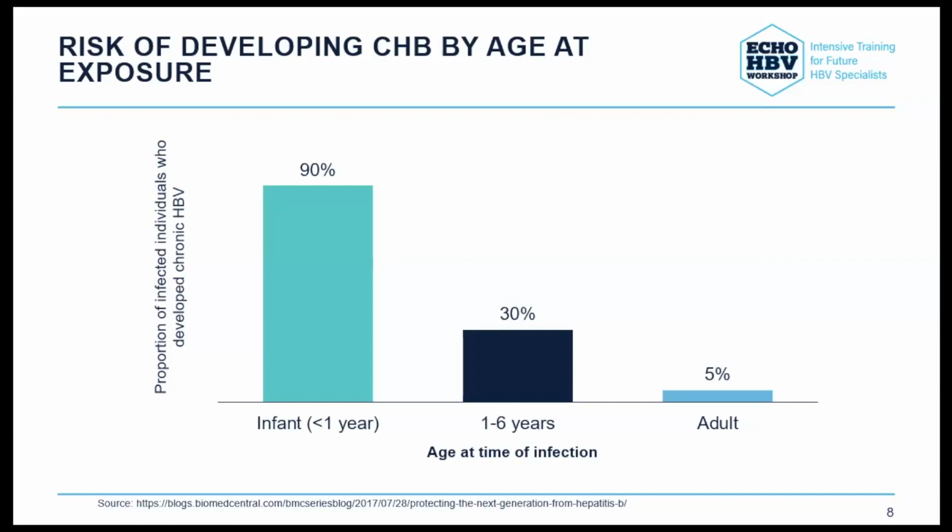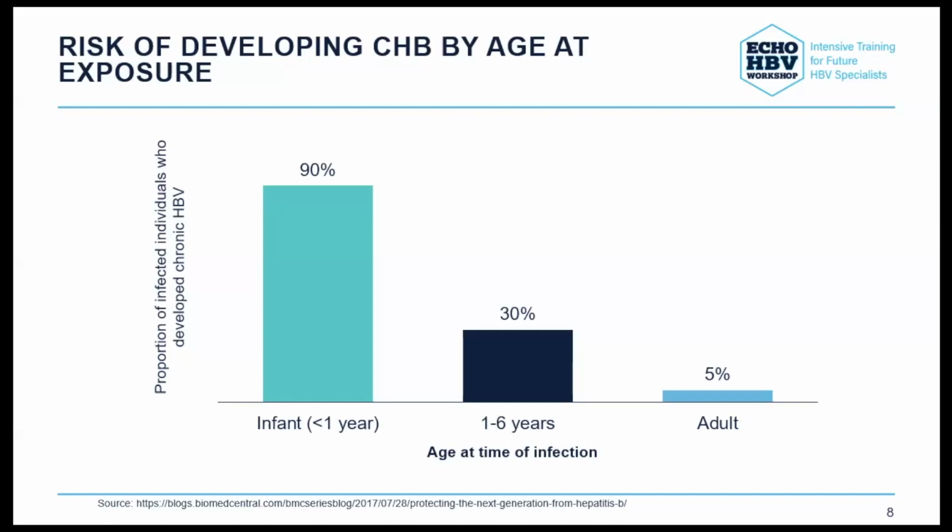Because in mother to child transmission, the majority of those infants who get exposed to the virus can develop chronic infection. Here it shows that those less than 1 year old exposed to HBV, 90% of them become chronic. Up to 5-6 years old, they still have a pretty good chance to become chronic.